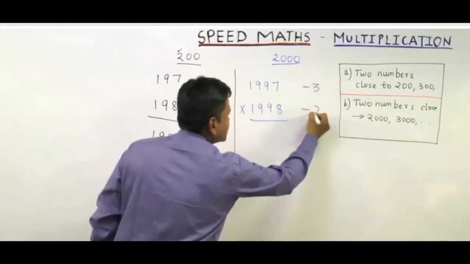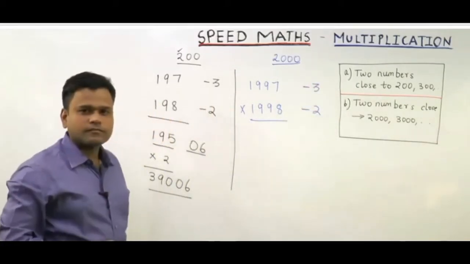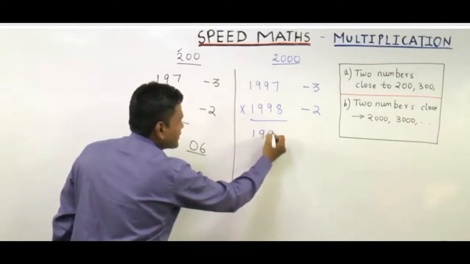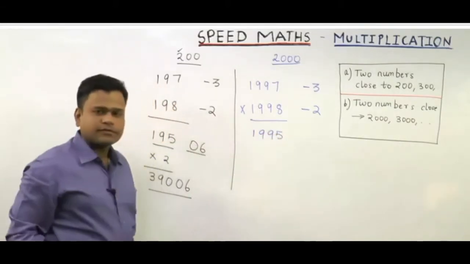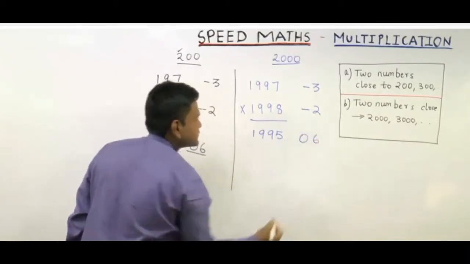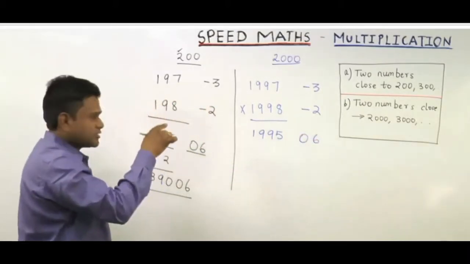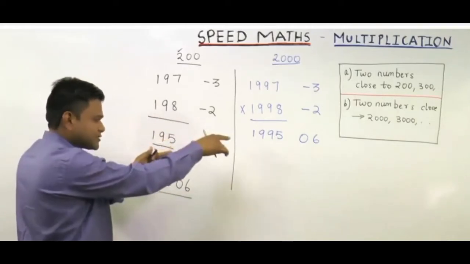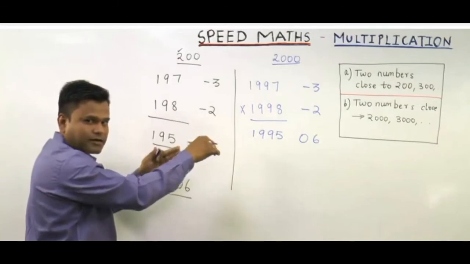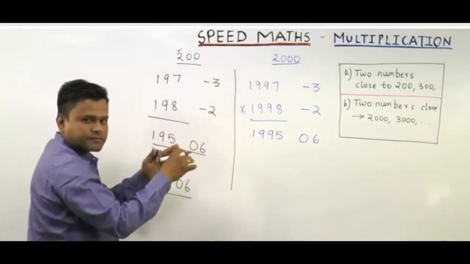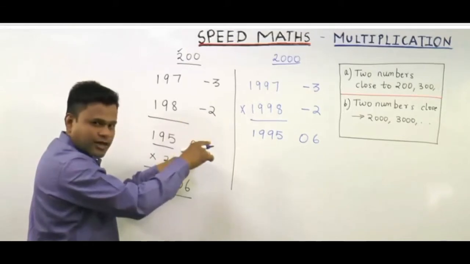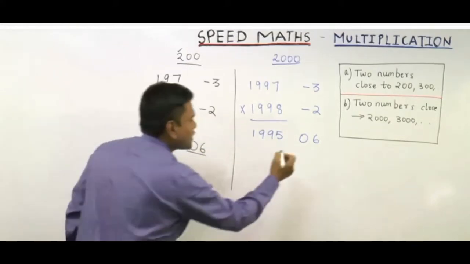And this number is 2 less. So we get the value which is 1995. And the other part, this is 6. But then there, this is 2000. Here we have 06 there. How many zeros are required to make it a number in a 3-digit format? 1 zero here was sufficient. But 1 zero there is not adequate. We need to have one more 0.